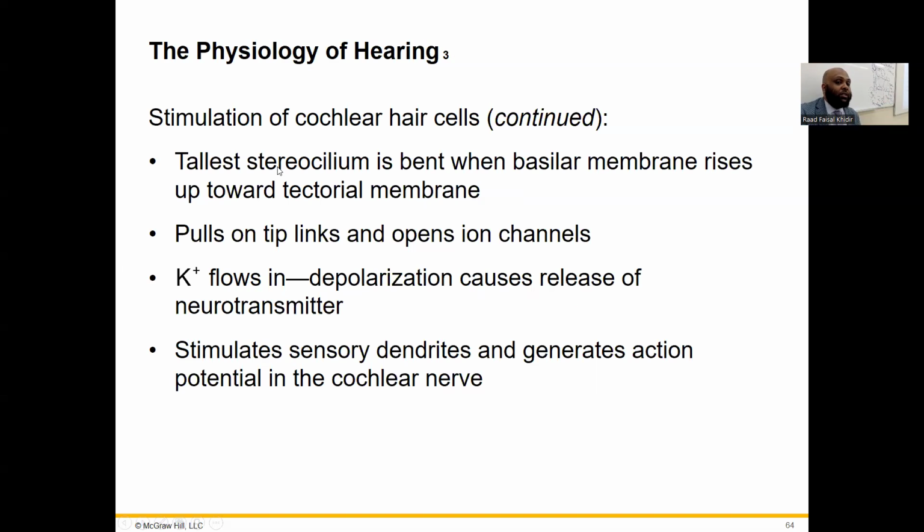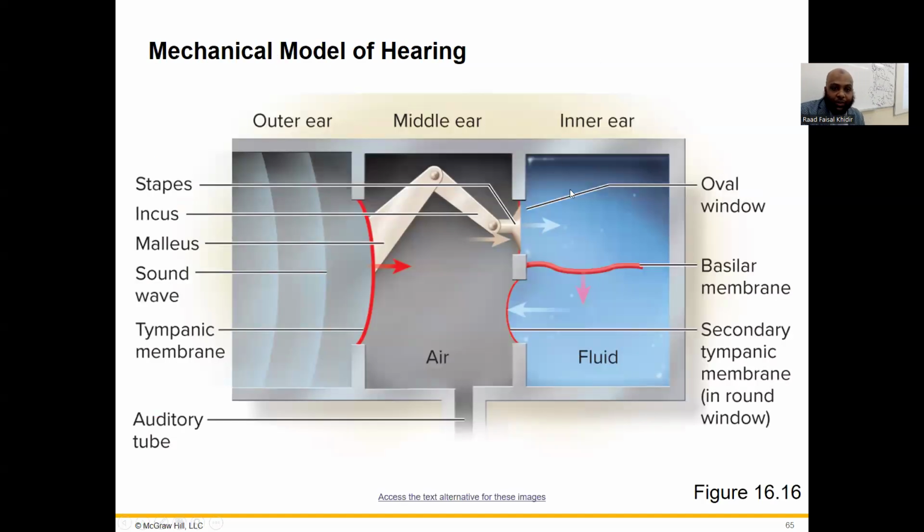So the tallest stereocilium is going to be bent. We are seeing this bending happening from the tympanic membrane. The tympanic membrane is going to be stimulated to pass this vibration, and then the vibration is going to be passed over to the smallest bones, and the smallest bones are going to carry this vibration to the stereocilia that are full of potassium. So that is what we're talking about. You see the domino effect.